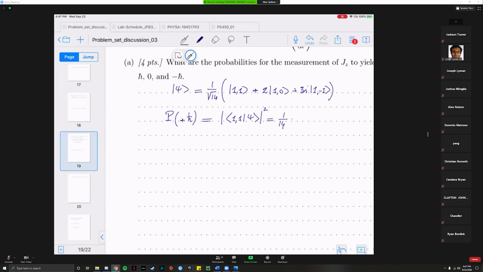Then if the eigenvalue is degenerate, of course your total probability will be the sum of the probabilities for each dimension in the degeneracy. So that means that it will be the sum of the squares of the amplitudes. But we're probably not going to have degeneracies soon.